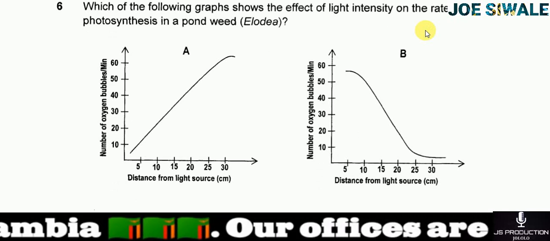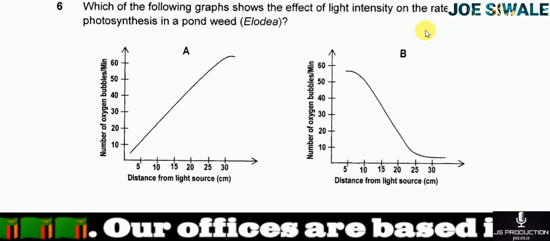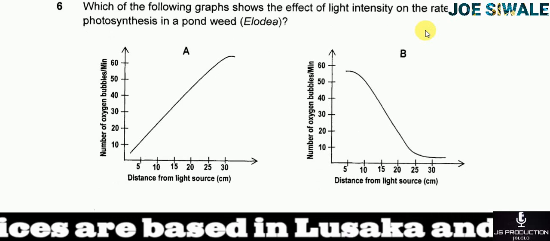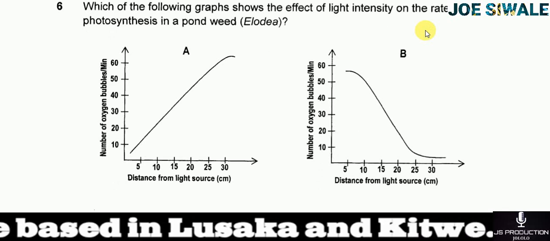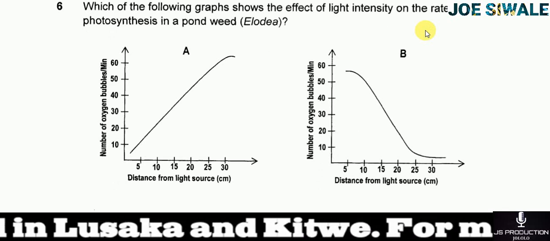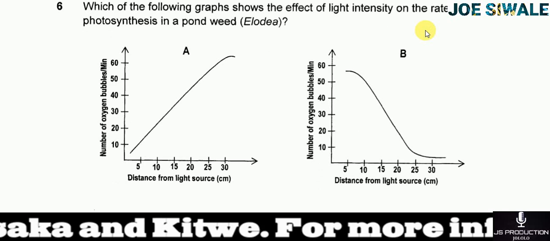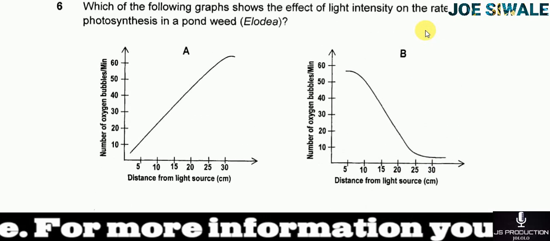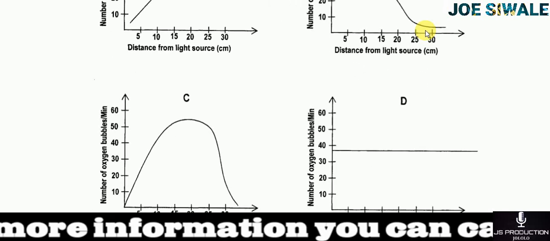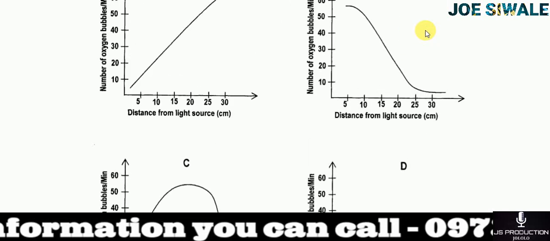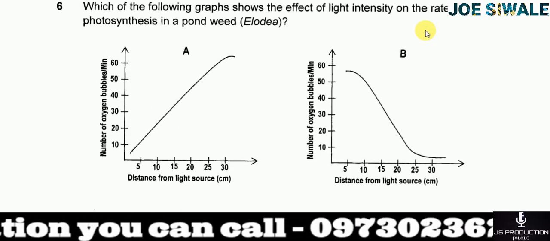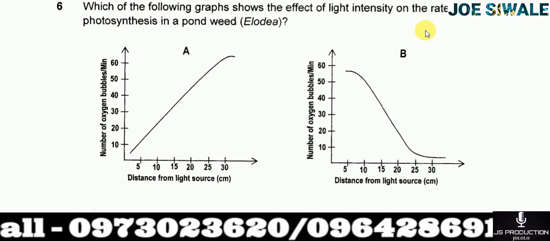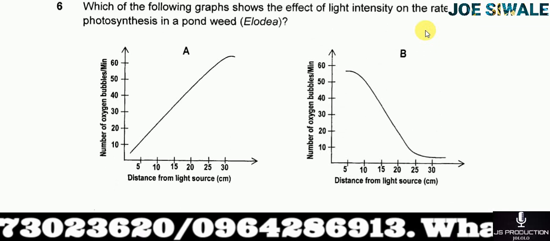Question 6 reads, which of the following graphs shows the effect of light intensity on the rate of photosynthesis in a pond weed? So I have these graphs A, B, C, and D. And these graphs are expressed in the following ways.